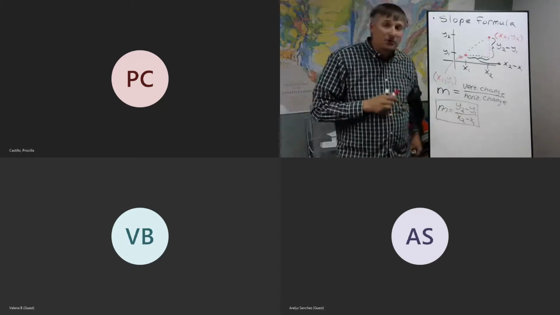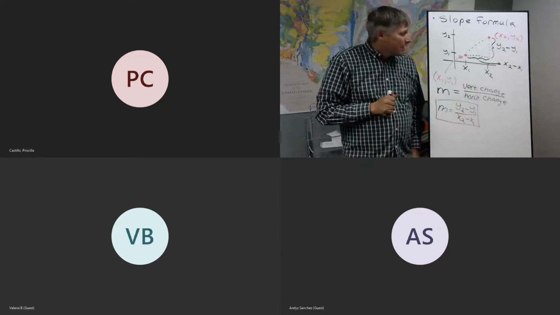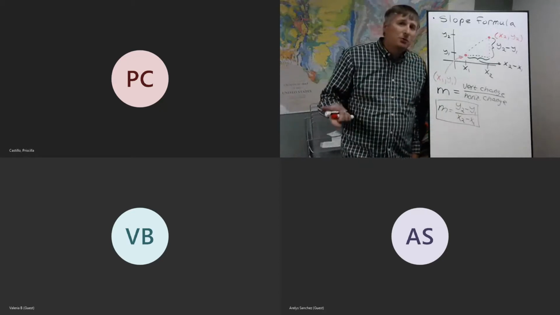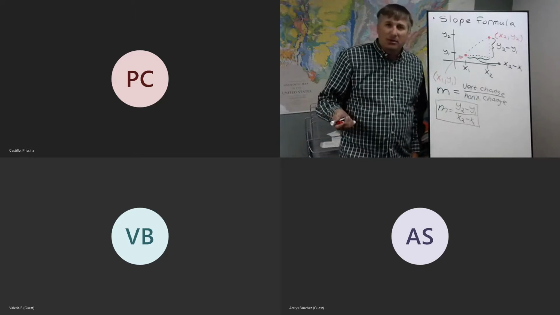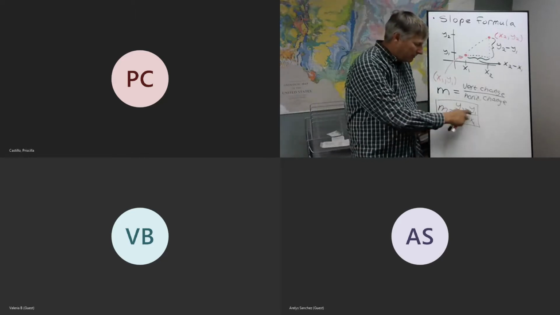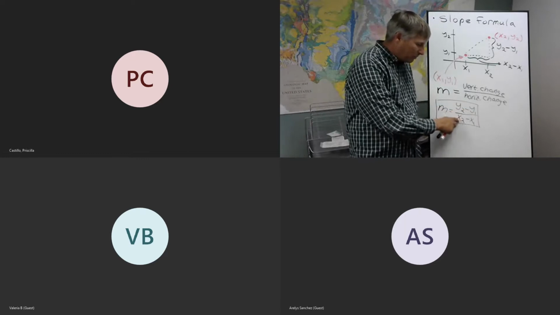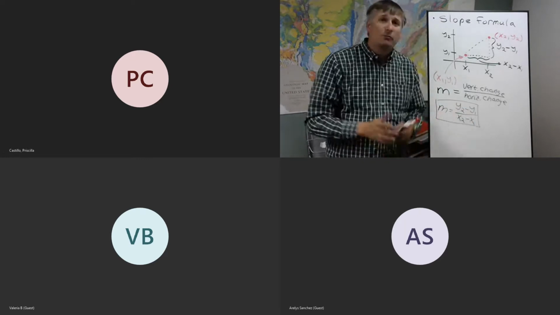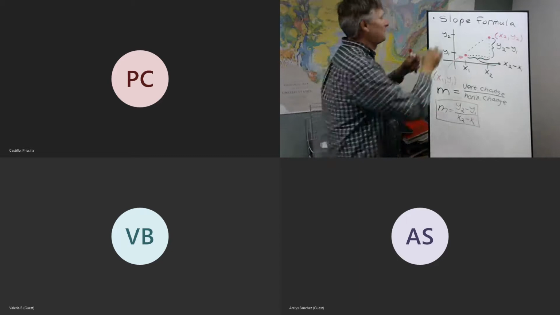And so this is called the slope formula. And so what this lets us do, if we're given 2 points, we don't have to draw a picture. We can just plug in the second y coordinate, first y coordinate, second x coordinate, first x coordinate, and then we can compute the slope.